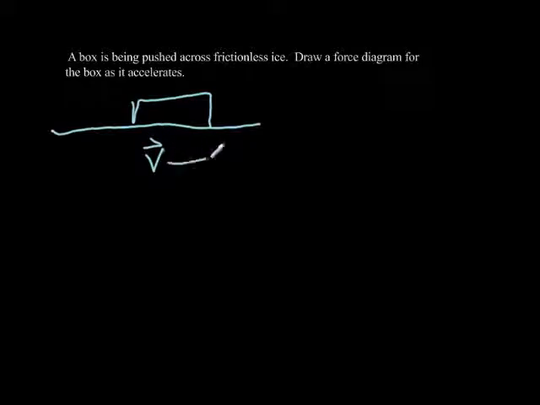We'll assume that's going in the same direction. It's accelerating. It doesn't say, it probably should say speeds up. So I guess it could be slowing down, but generally speaking, in this case, there is no friction because we're frictionless, so it almost has to accelerate if we're pushing it. That means my net force will also be in that direction.